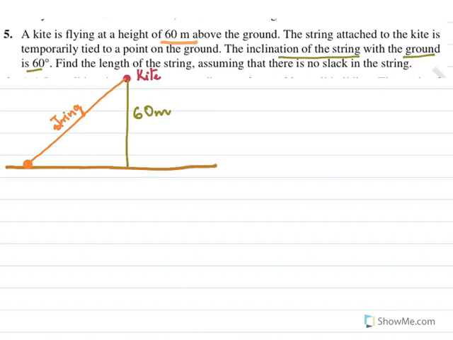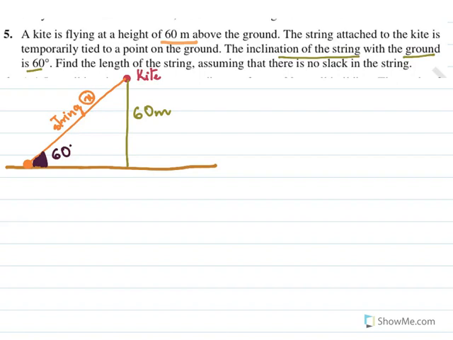And the angle of inclination to the ground, which means this angle here, is 60 degrees. So we've got our triangle. Find the length of the string. Where is the length of the string? Here. So this is our x. We need to find this x. So this is our diagram.